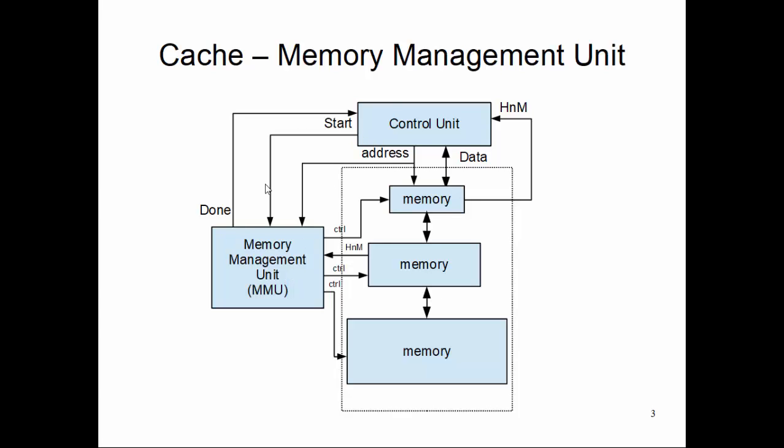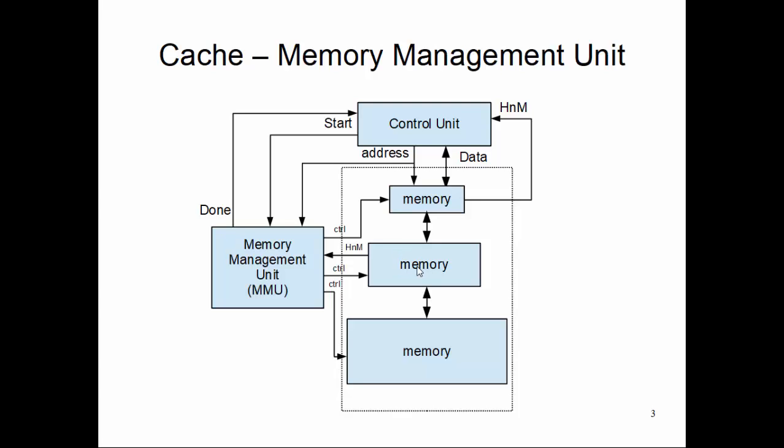So it is a kind of send request to the memory management unit, and then the memory management unit tries to access the corresponding block that this address belongs to from the lower level memory.